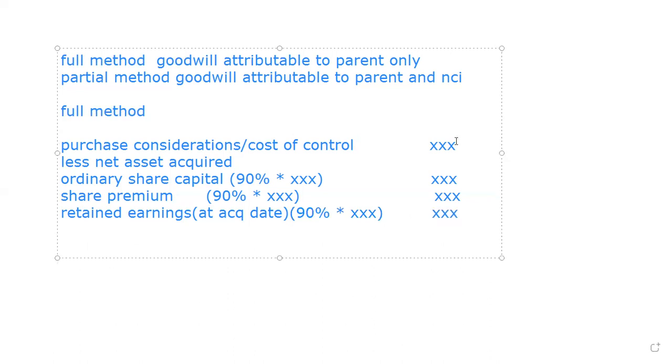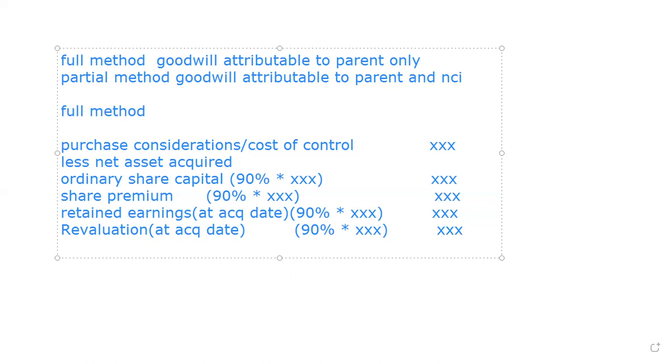Then we also have revaluation reserve. This one also must be at the acquisition date. We do the same: we take 90% multiplied by the amount in the trial balance, and you get the amount there.